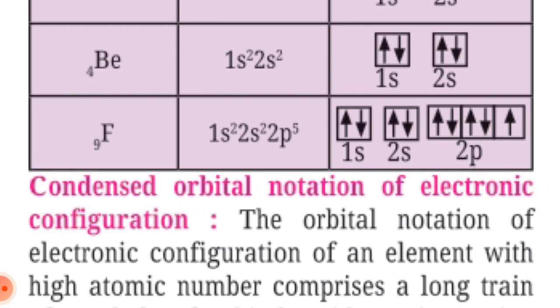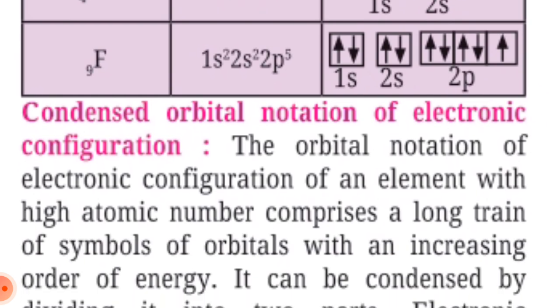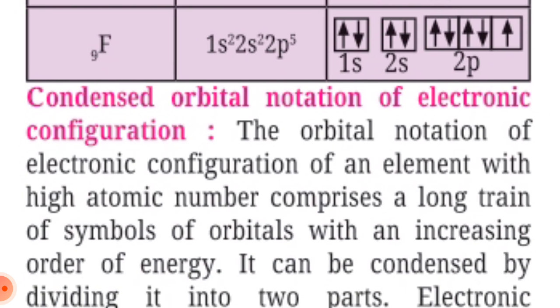Beryllium 4, 1s2 2s2, 1s having 2 electrons, 2s having 2 electrons. 9 F, 1s2 2s2 2p5: 1s has one pair of electrons, 2s has one pair of electrons, 2p has two pairs and one unpaired electron.